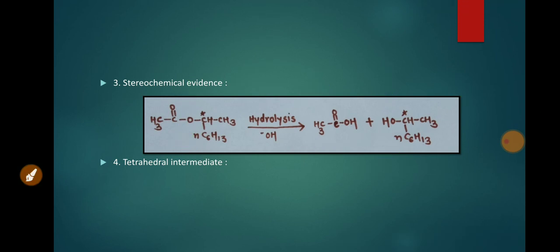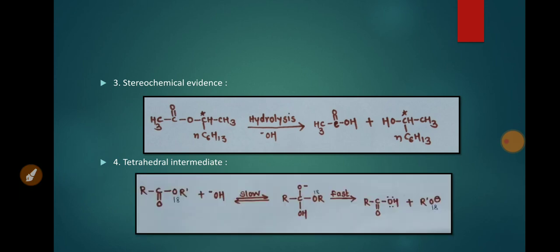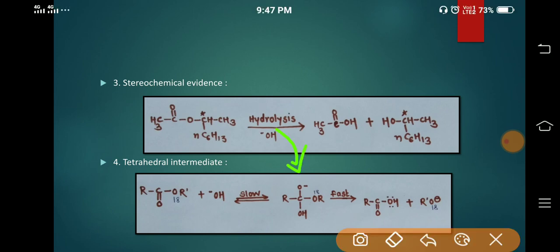The last evidence is the tetrahedral intermediate, that is, the alkyl oxygen bond is never broken. Thus, the mechanism involves an unstable tetrahedral intermediate, which leads to the generation of the acid as well as the alkoxide ion, which has the isotopically labeled oxygen atom.